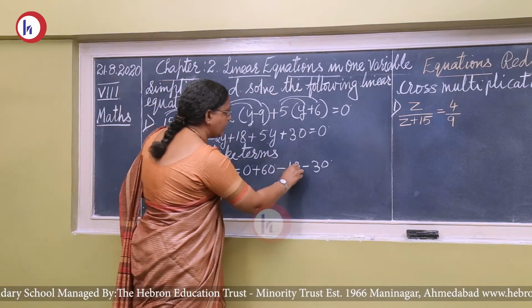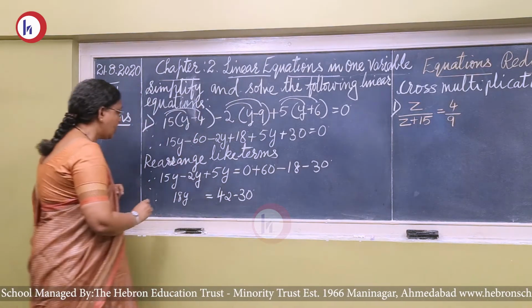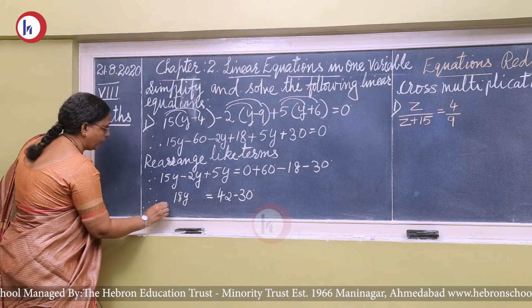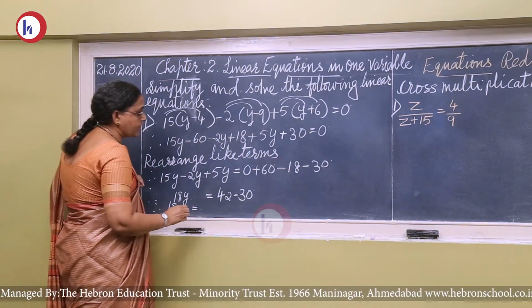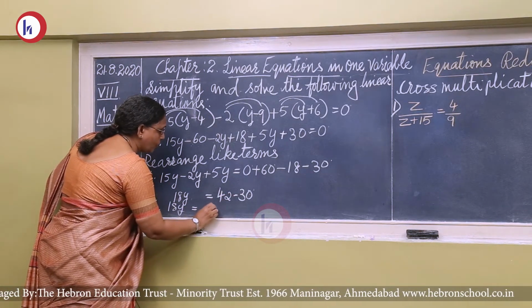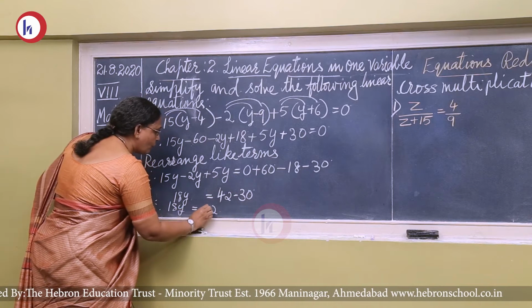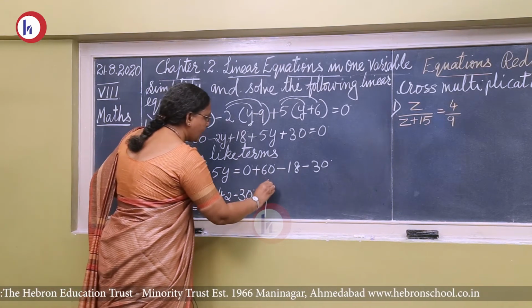Then again minus 30. So, therefore, 18y is equal to 42 minus 30, that is 12. So, 18y is equal to 12.